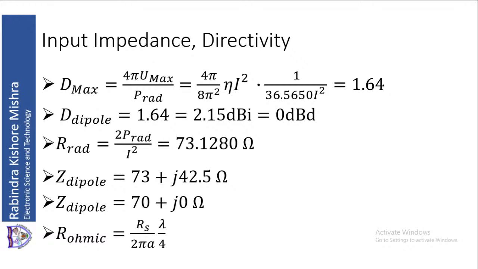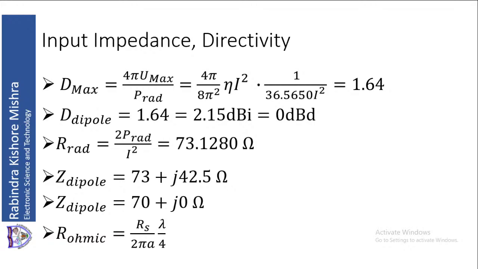Then, since we have a conducting wire, it will have ohmic losses. The ohmic loss will come because of the ohmic resistivity. So R ohmic is equal to Rs by 2 pi a, into lambda by 4.